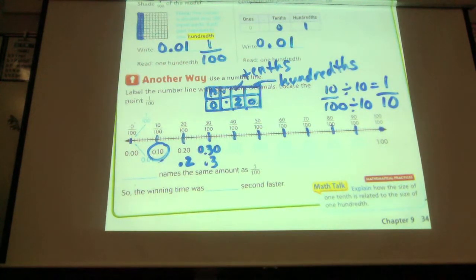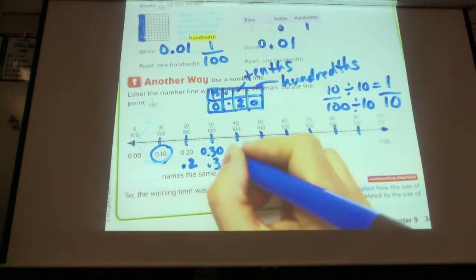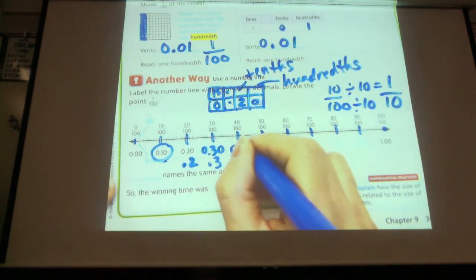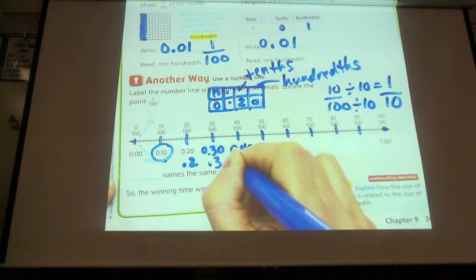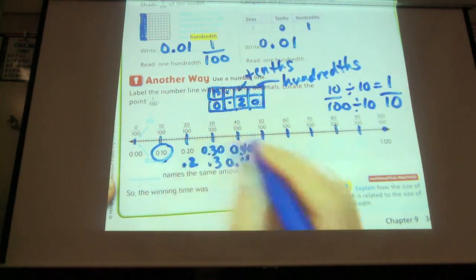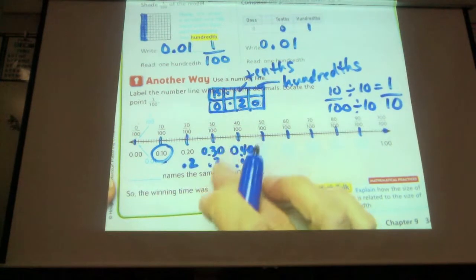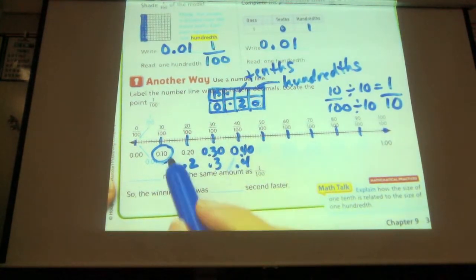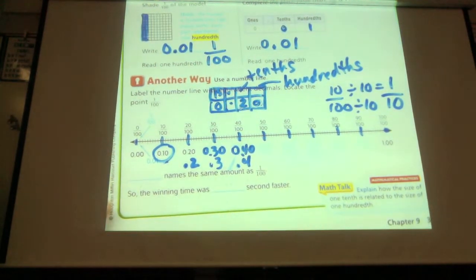Okay, so what did you guys get? 0.40 or 0.4. I'm not putting the 0 in front of it. It's really taking up a lot of space, but you would just put 0.4. Okay?